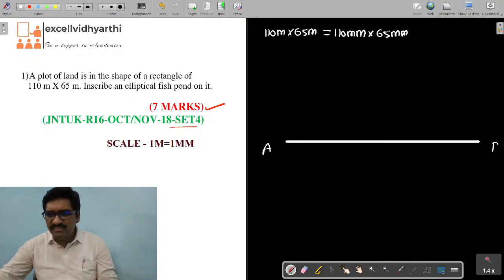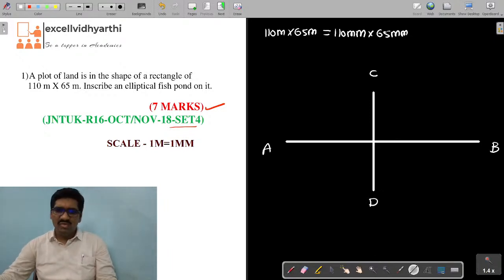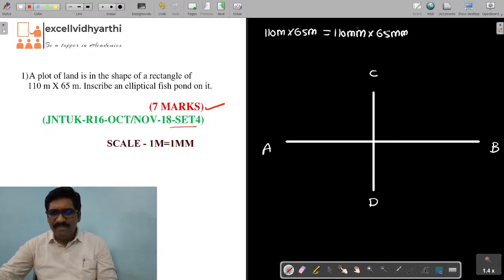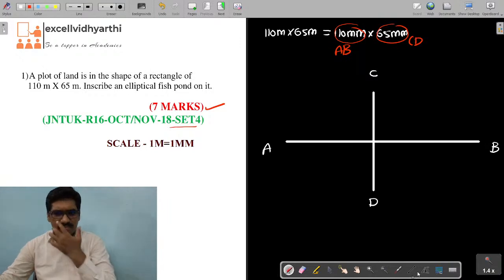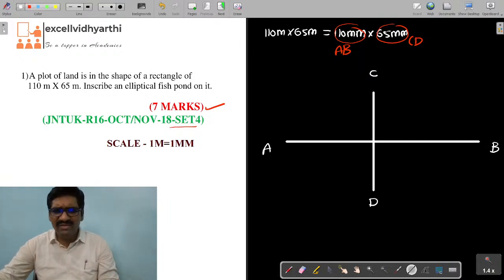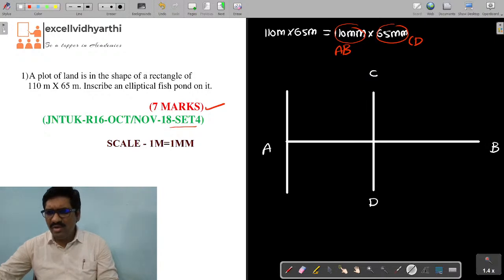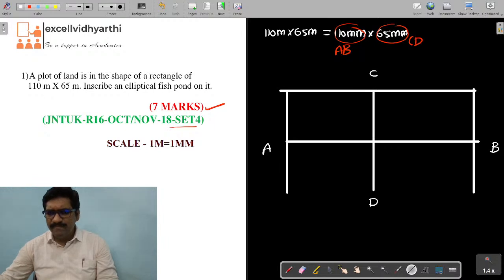Then draw a line of 65 mm like this, that is point C and point D. This one is AB, 110 mm, and this one is CD. Now draw a line parallel to this one, next parallel to this one, next parallel to this one.